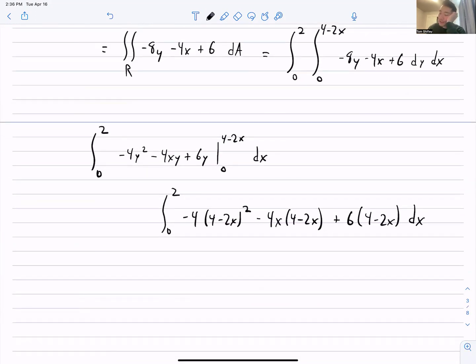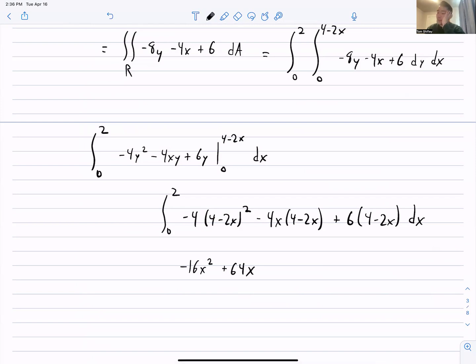Then I have to FOIL this all out, and I'll get 4x squared times minus 4 is minus 16x squared. And then that times that is minus 8x, and I get 2 of them, so it's minus 16x, and then minus 4 times 16 would be plus 64x. I think that's right. 8 times 8, yeah, plus 64x.